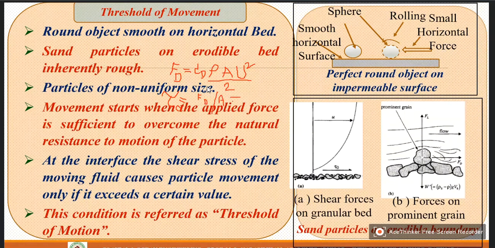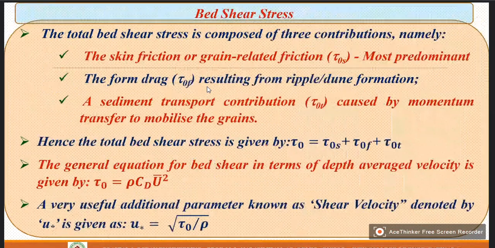So tau naught can be written as CD rho U square by 2. So tau is proportional to CD rho U square.